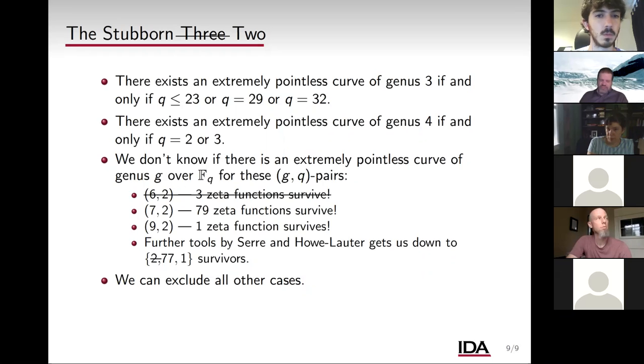Essentially, you look at these septics, and first of all, knowing the singularities that you need to achieve genus 6 rules out a bunch of them, and then the extremely pointless conditions rule out even more, and then it's just a Magma computation of the genus for the ones that follow.